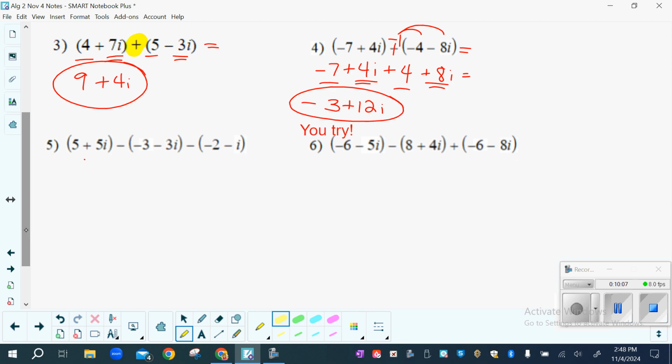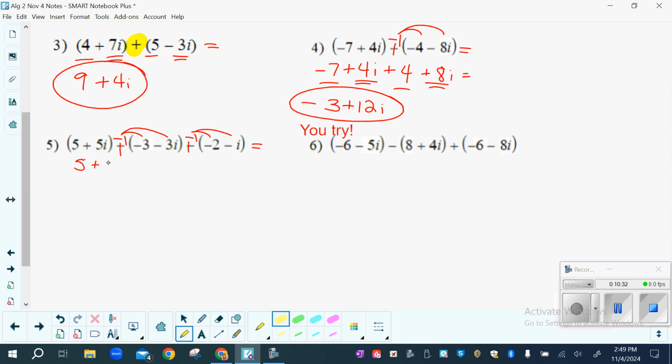So the only time I distribute that negative is if there's a minus in the front. There was no minus in the front of this one. It was plus, so I didn't do any distributing. So now I want to distribute the negative here, and I want to distribute the negative here. Again, I recommend rewriting. In my other classes, if the students didn't rewrite, frequently they got it wrong.